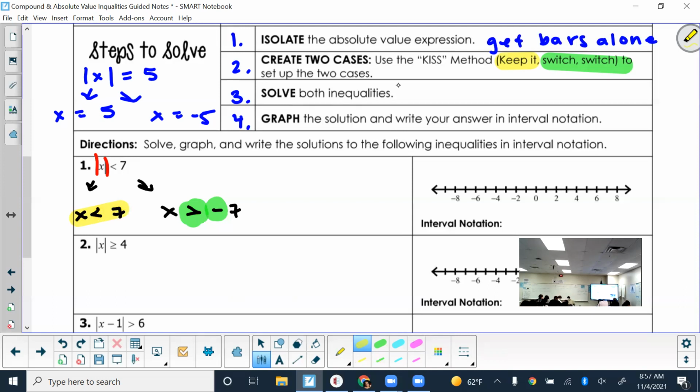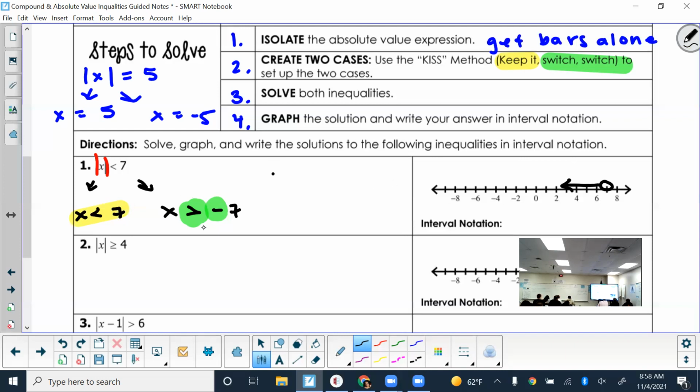All right, and then normally you would solve both inequalities. They're not usually this easy. You would have to get x by itself, but they're already by themselves. So now just graph it. So I have a circle on what number? And for the 7, what direction does the arrow go, left or right? Left, because x is less than 7, so it should go like the number is less than 7.